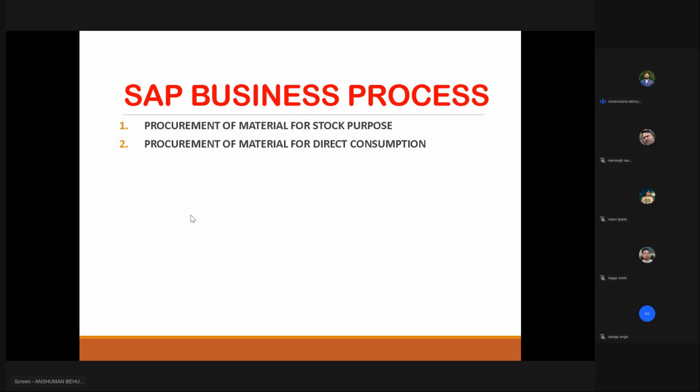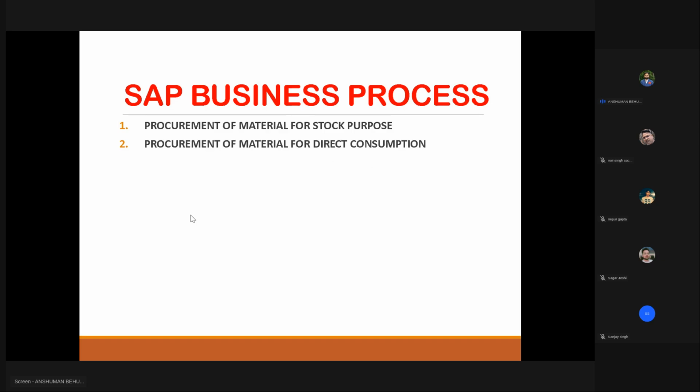These are some examples. Or department-wise materials, for example for your maintenance department, project department, or any specific department, for which you are purchasing.